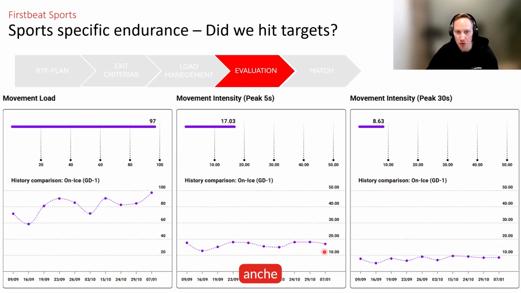This is also good, that they were able to maintain the same intensity on game day -1 sessions after the injury as pre-injury. Peak 30 seconds is describing the explosiveness of the player, and movement intensity peak 30 seconds is chosen because the average shift in ice hockey is around 30 to 45 seconds.